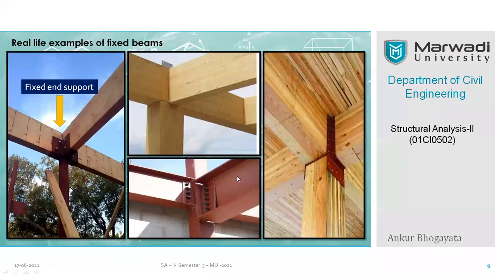So if you want to ensure 100% fixity in steel structures, you should ensure the support of the beam in all directions, right? So that is how I intentionally selected these pictures to show you how the degree of fixity may vary in the structure.